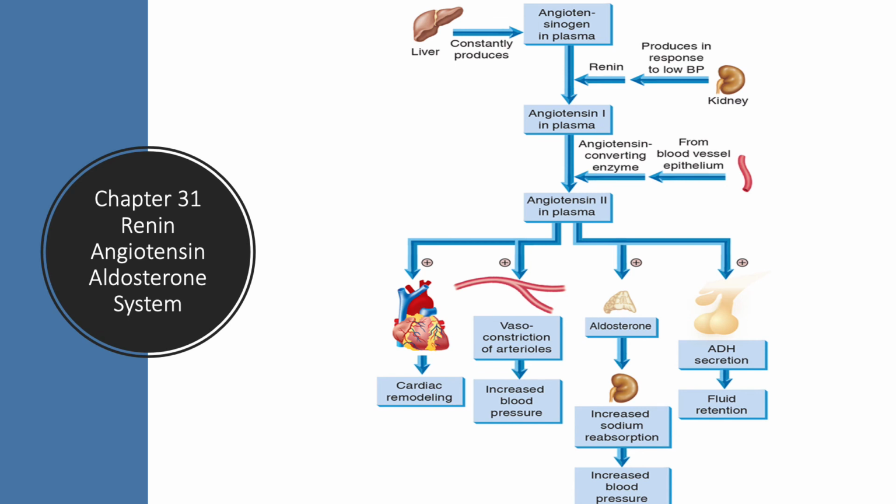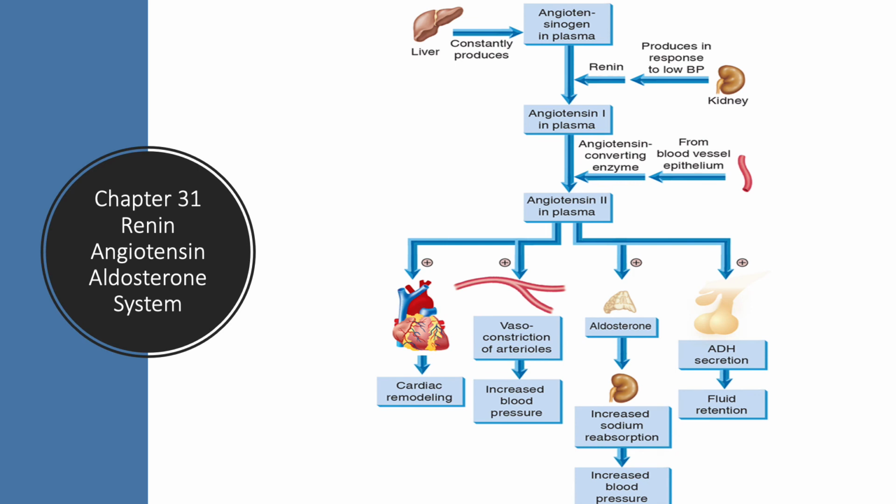So now we can look at different sections of this pathway, and there's been drugs that have been invented to block the system so that you don't get all that angiotensin 2 stimulation causing elevated blood pressure.